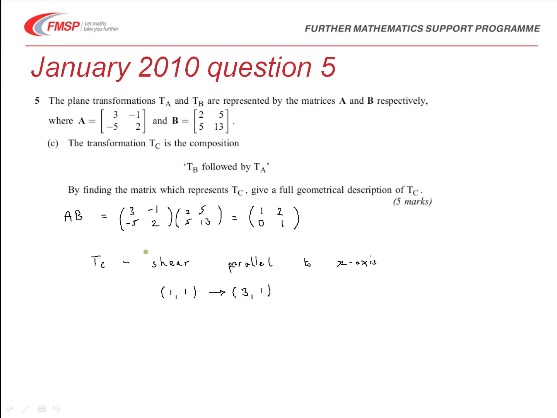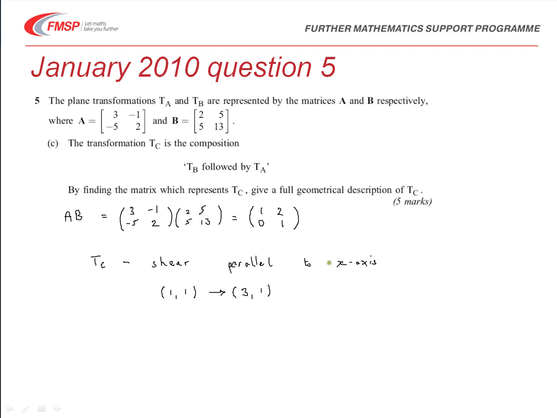So that's the key thing. Remember, with the shear, we need to say the motion is parallel to a fixed line, or a fixed set of points on that line as well, and give the image of at least one point as it moves parallel to that line.